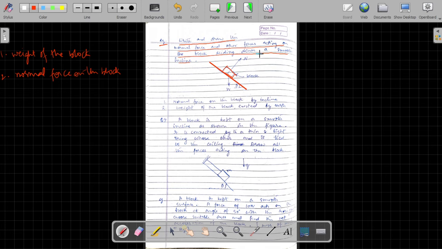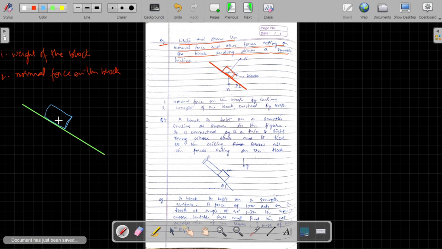Next, let us draw the forces acting on the block. So let us draw this incline. This is our block.